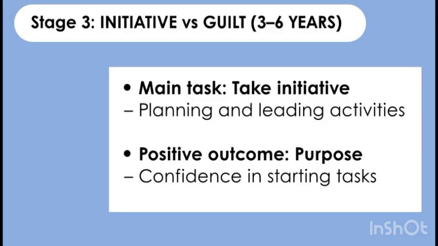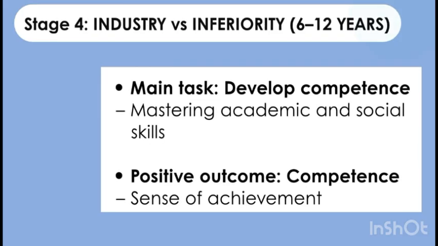Support builds initiative, and excessive criticism leads to guilt. Next is the industry versus inferiority. This appears in 6 to 12 years old. Here, school-age children want to feel capable. So praise and encouragement promote industry, while repeated failure leads to inferiority.